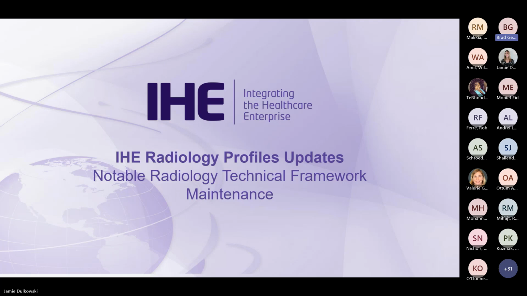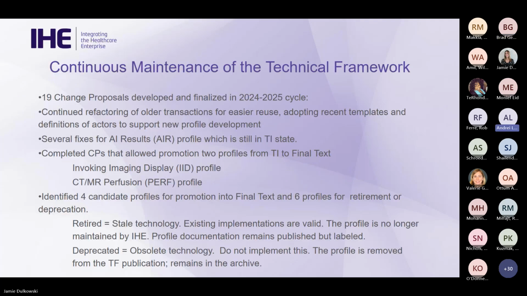So the last thing that we'll cover, and I think, Andre, you're going to cover this, is notable technical framework maintenance updates. Sure. This is a fairly small list of items that we will also be able to cover in the 2024-25 cycle.